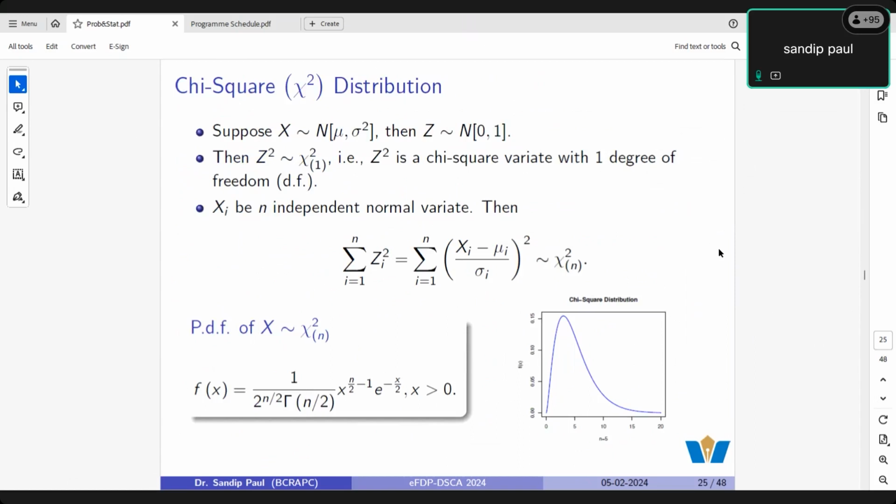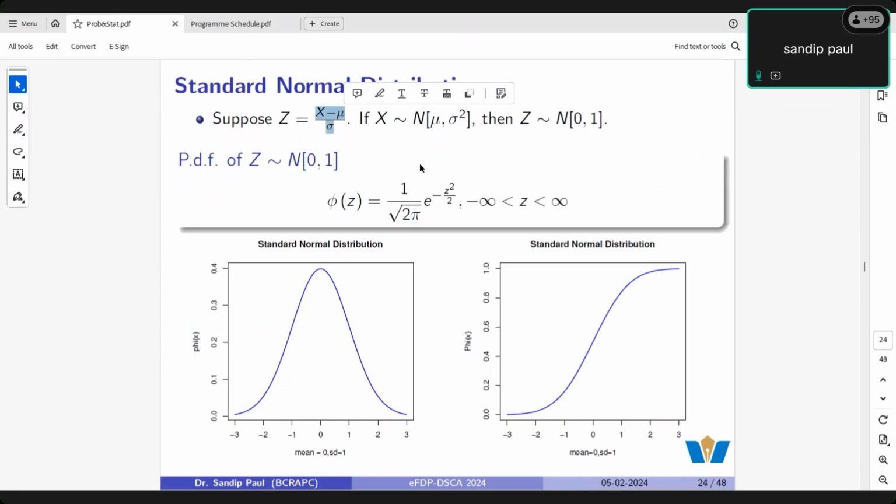Now the next distribution we will consider is the chi-square distribution. The chi-square distribution arises if we consider the square of the standard normal variant. So if x is the normal variant, then we convert it to the standard normal variant by considering the transformation (x minus mu) by sigma.